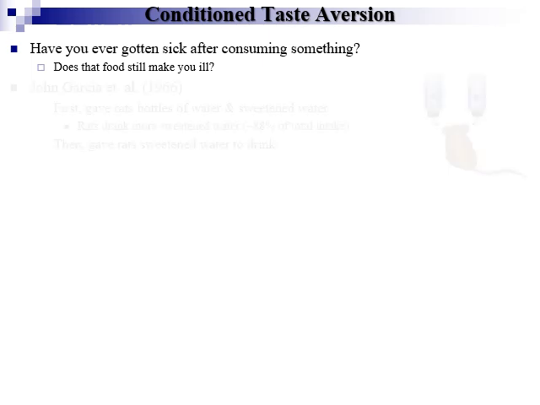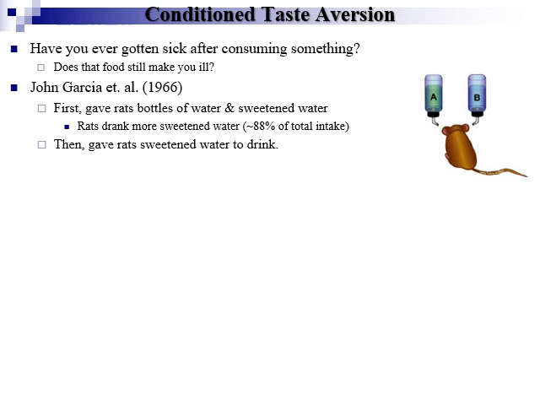How does this work? Well, John Garcia conducted the initial research on this. First, he gave rats bottles of water and sweetened water, and found that rats, like people, prefer sweetened water. So 88% of their total intake was from the sweetened water.